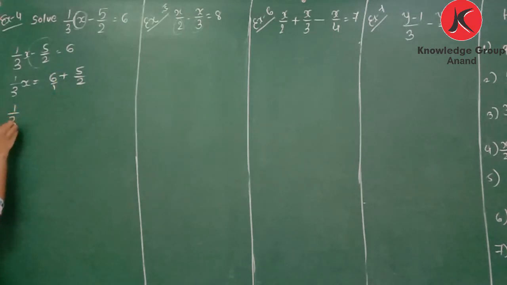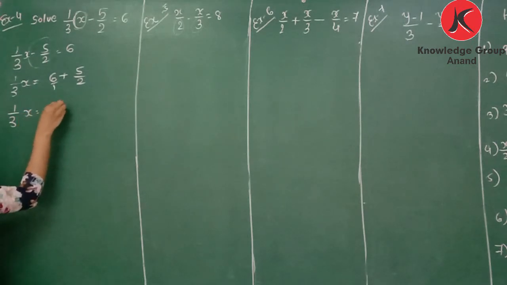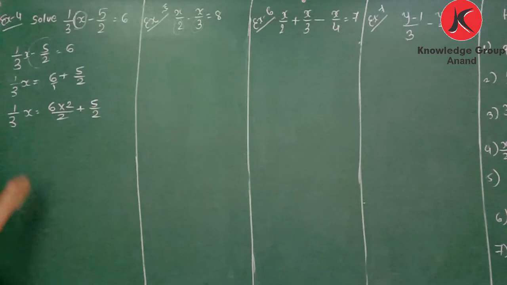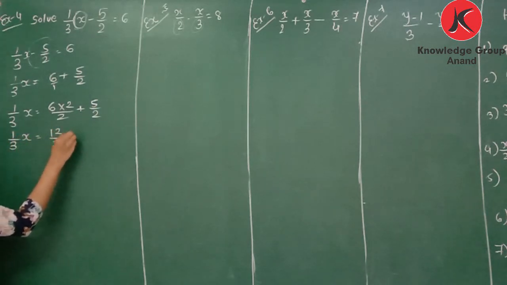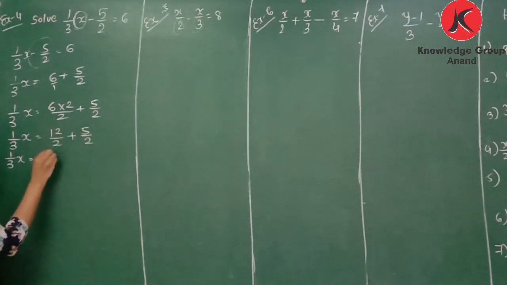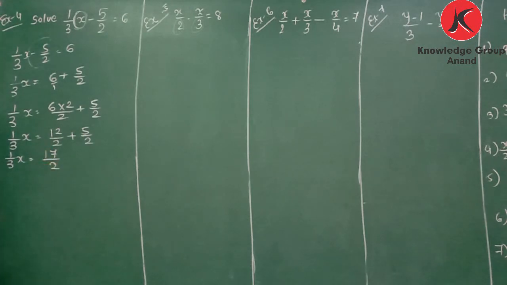So here we have 1 by 3x, 6 multiplied 2 divided 2, plus 5 by 2. Now we have 1 by 3x is equal to 12 by 2 plus 5 by 2. 1 by 3x is equal to 12 plus 5 is now 17 by 2. Now you can see 1 that is in multiplication and 3 in divide.